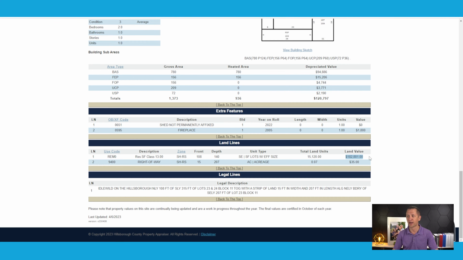That's the land. We can back that out of the total amount to figure out how much your structure is worth. That could help you quite a bit, because a lot of the properties around me have been renovated and some are being knocked down and getting new builds. But my particular property is a 1926 bungalow that has had very little updated to it over the years, really just paint and that kind of stuff.